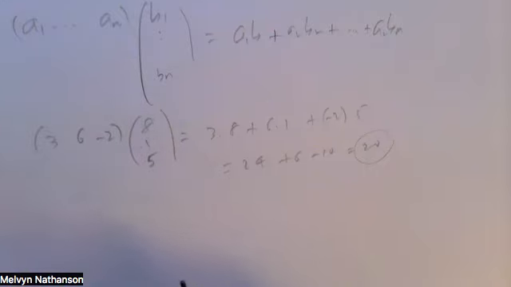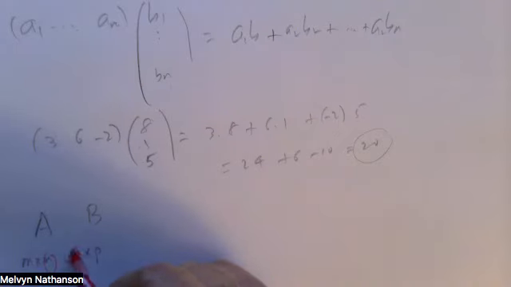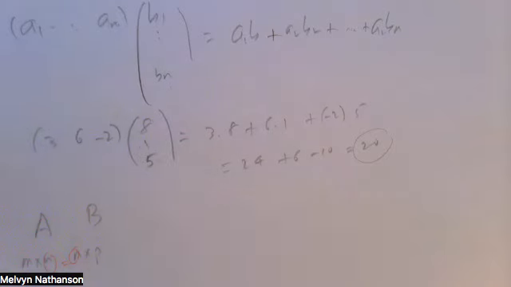Now, if you're going to multiply matrices, if you have a matrix A, which has m rows and n columns, and a matrix B, which has n rows and p columns, the important thing is that the number of columns in A equals the number of rows in B. The m and the p can be completely different.